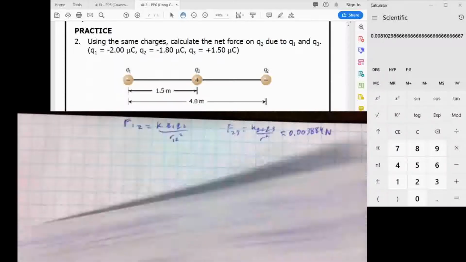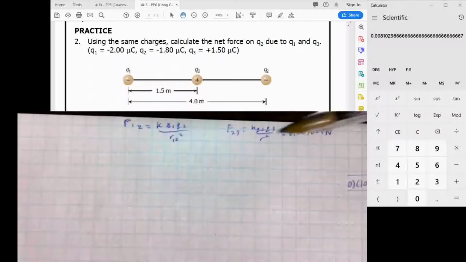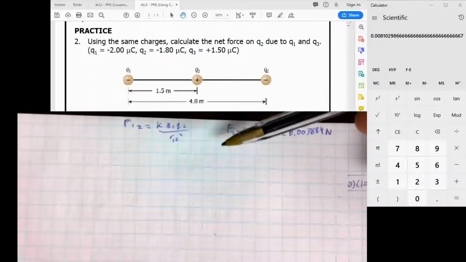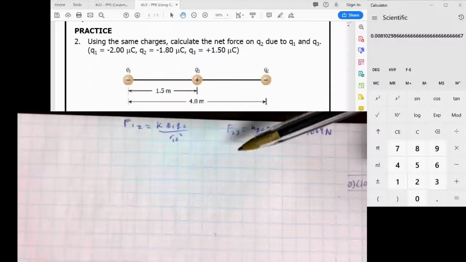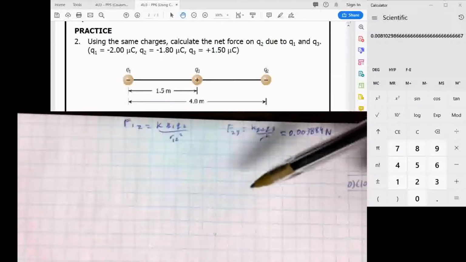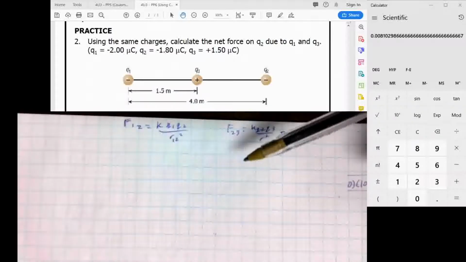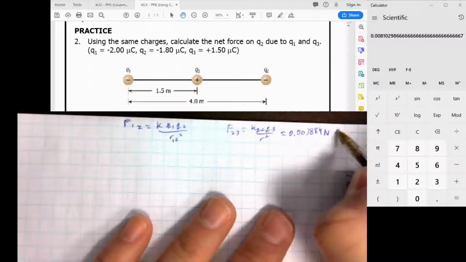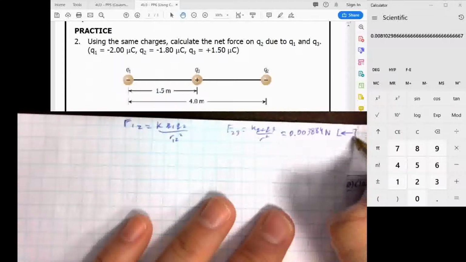In this case, though, 2 is on the right, 3 is in the middle. 2 is going to be attracted to 3. Whereas in the previous one what we said was that it was moving to the right, because 3 was moving to the right, which was where 2 was located. Here 2 is going to be moving to the left because that's where 3 is located. So this is a force experienced to the left.